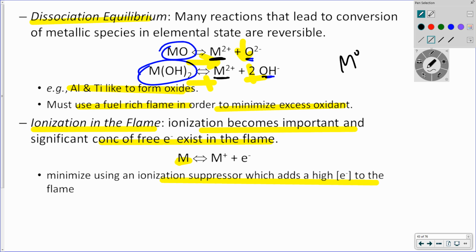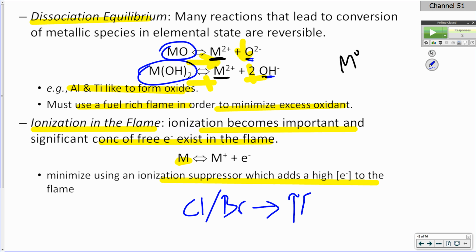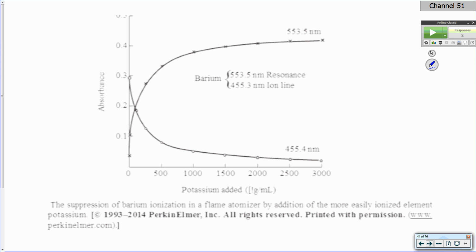A common thing to use is something that's got a lot of chlorine atoms in it. Any of the halogens work fairly well, or bromine, and when they burn, they yield a high concentration of electrons, and that high concentration of electrons drives this equilibrium back into the form that we want, the neutral atom. So we can minimize ionization by putting an ionization suppressor in our source.